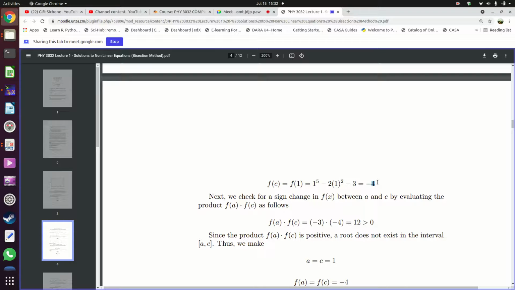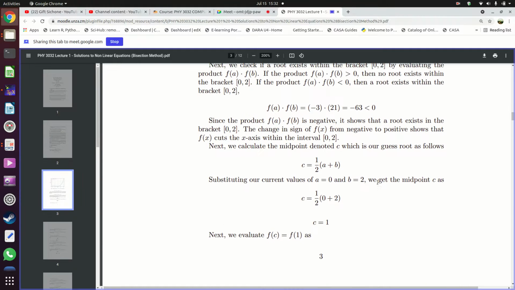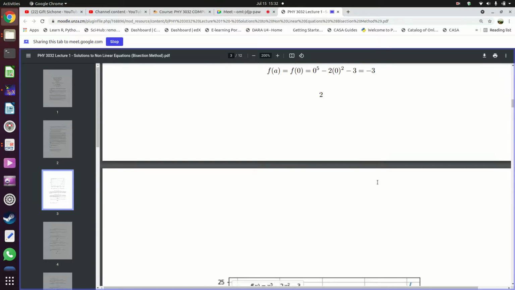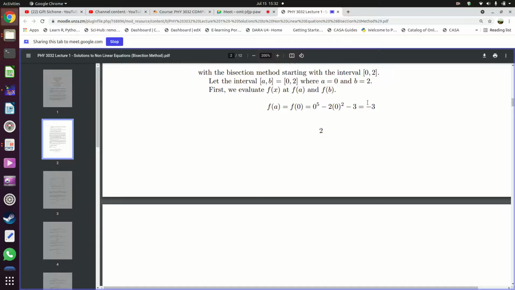So you have found the midpoint. There is a, and we know that f of a is minus 3, right? Here, f of a is minus 3. It's negative.